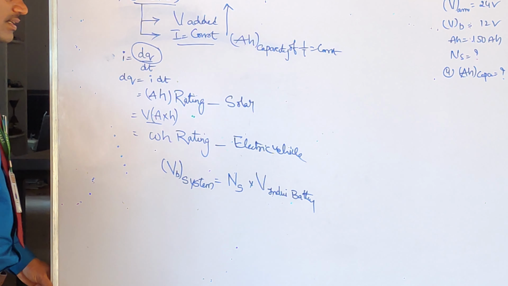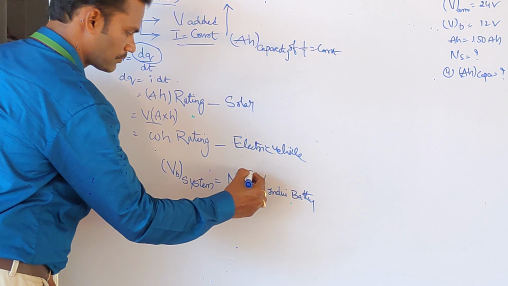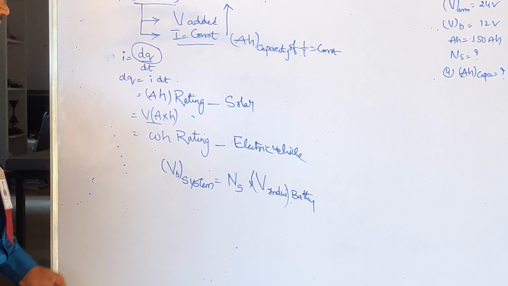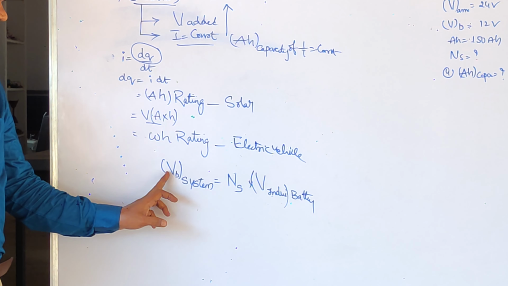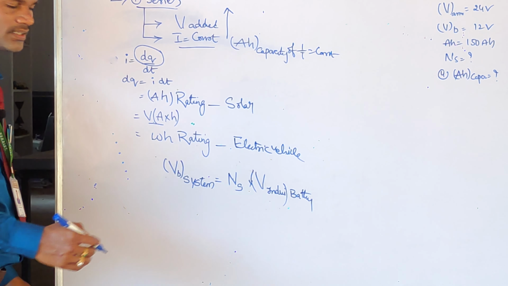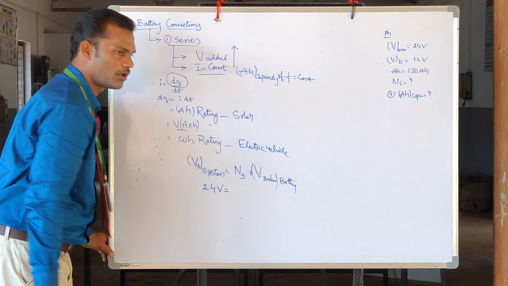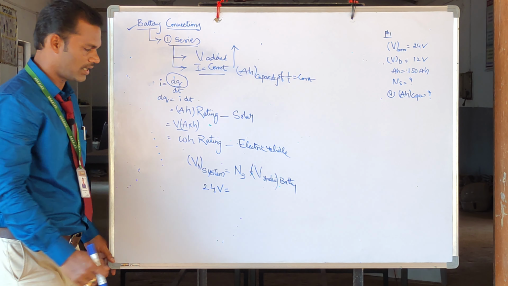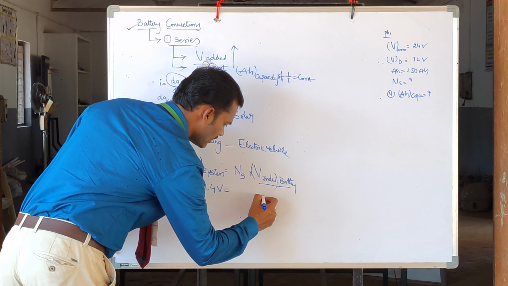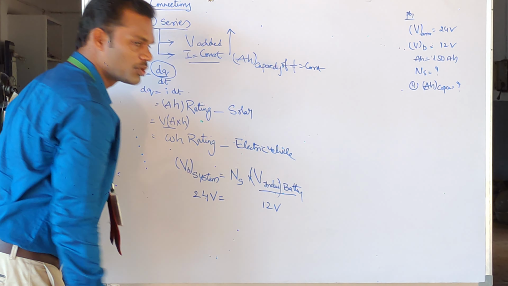So, sir, how to understand this concept? For example, I want the system voltage of 24 volts, and the individual battery voltage is 12 volts.